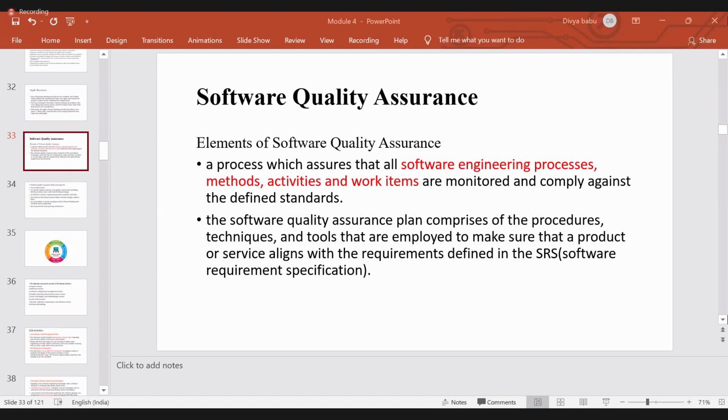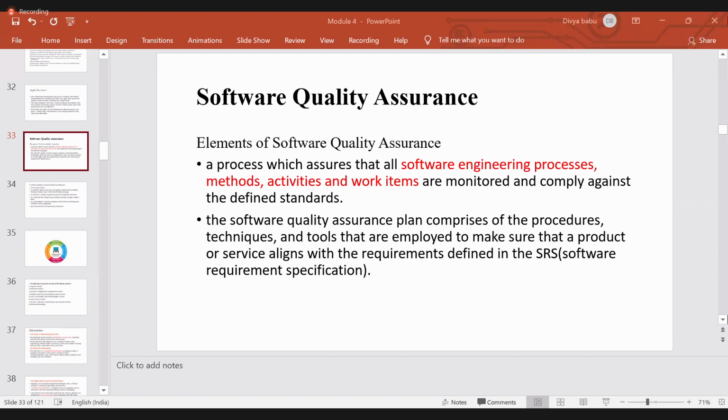In the last class, we discussed software quality assurance, right? We already started software quality assurance. In software quality assurance, what we assure is the quality of the software, by the software engineering process, methods, activities, and work items that we monitor.